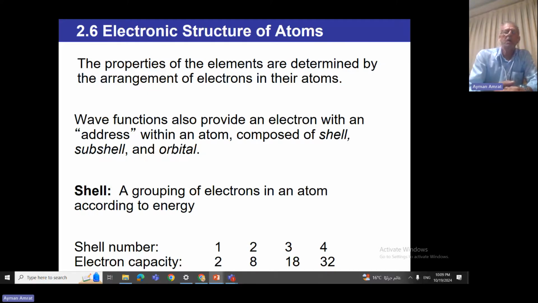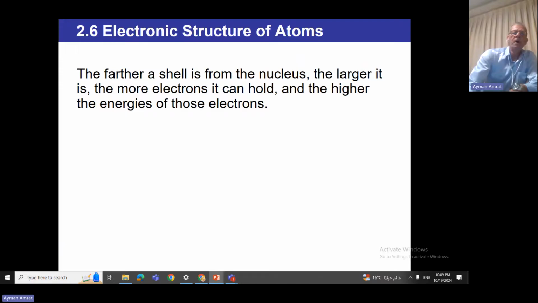Shell number 4, 32 electrons can occupy shell 4, 18 electrons in shell 3, 8 electrons in shell 2, and 2 electrons in shell 1. As the shell is farther from the nucleus, it becomes larger, and the more electrons it can hold, and the energy is higher.